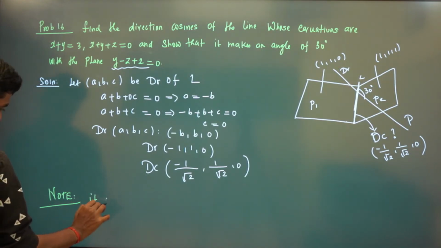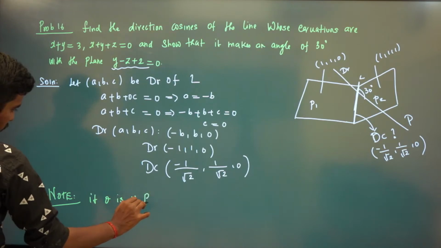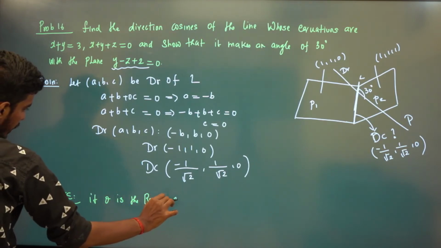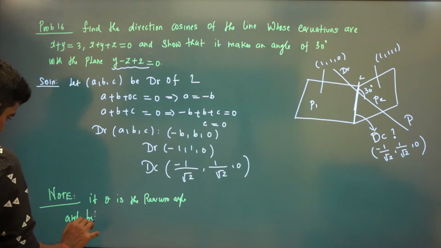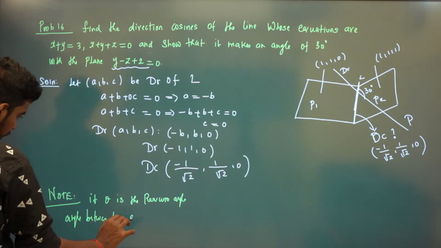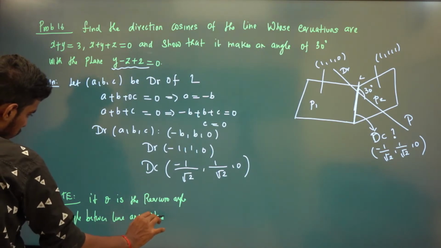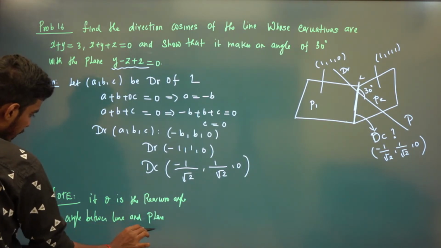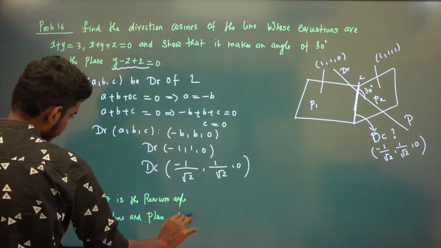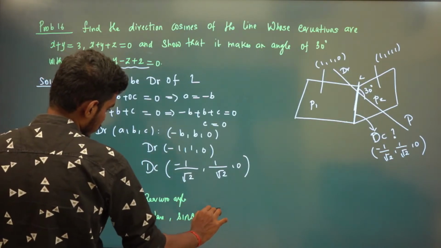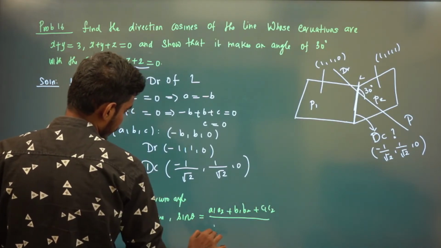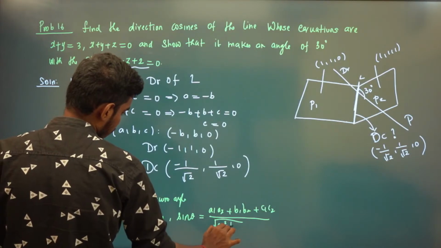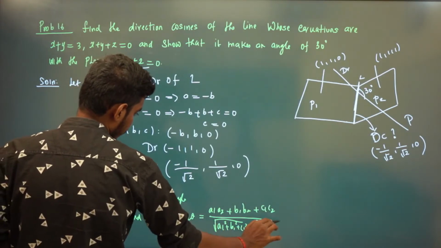If theta is the required angle between a line and a plane, where the line has direction ratio and the plane has direction ratio of its normal, then sine theta is equal to a1 a2 plus b1 b2 plus c1 c2 divided by the root of a1 square plus b1 square plus c1 square, and so on.